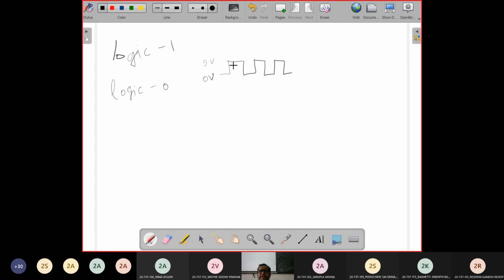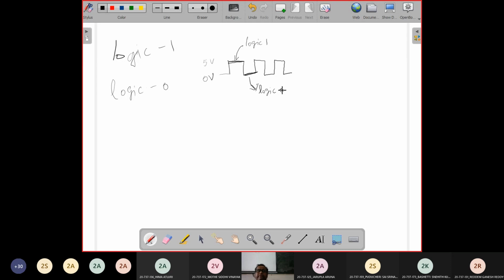Whenever the signal is taking a value of 5 volts, as illustrated in this period, this value of the signal is considered as logical value 1. And wherever the signal is at 0 volts, this is considered as logic 0.